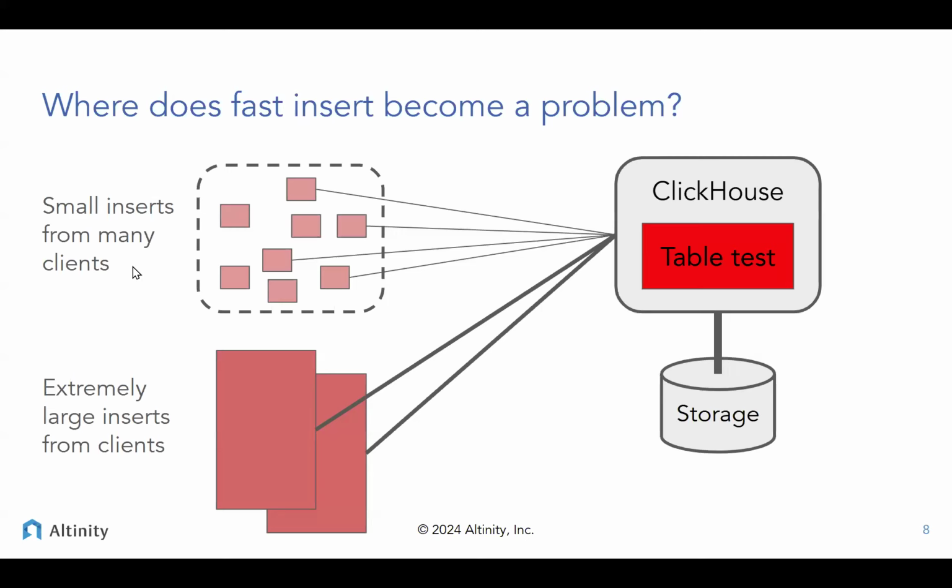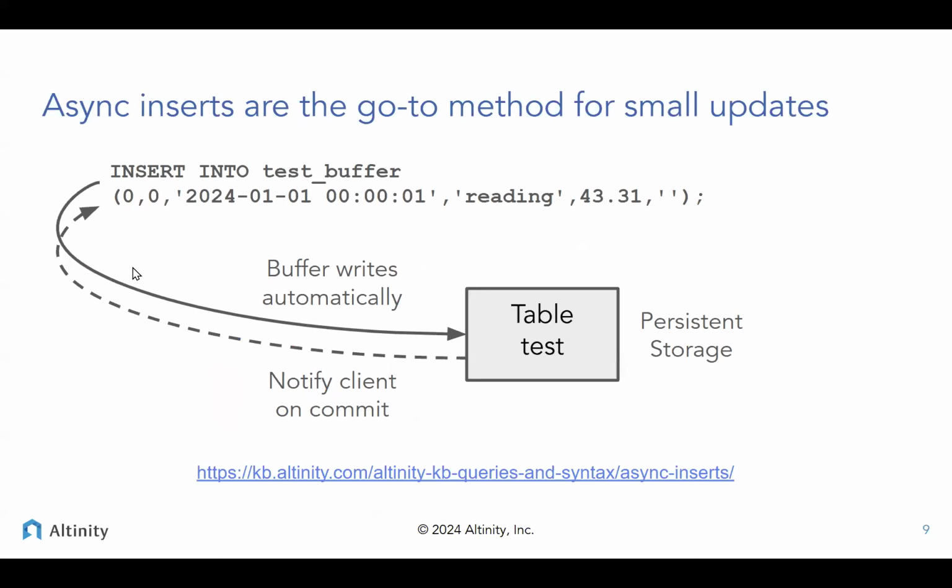So let's get to the problem of small inserts from many clients. Well, the number one way to handle this is something called async inserts. And basically what an async insert does, this is a simple example of, oops, the table name is incorrect. It should be test. You have an insert into our table test, and here are the values.